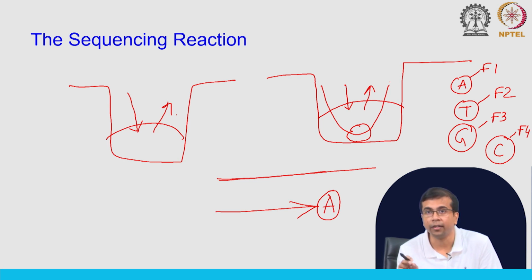So, you can now see why this is called single molecule sequencing, because the signal comes from synthesis of the complementary strand of a single DNA molecule, that is coming here and binding to the polymerase and where the synthesis is happening.